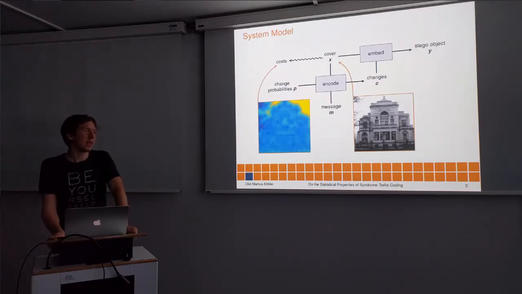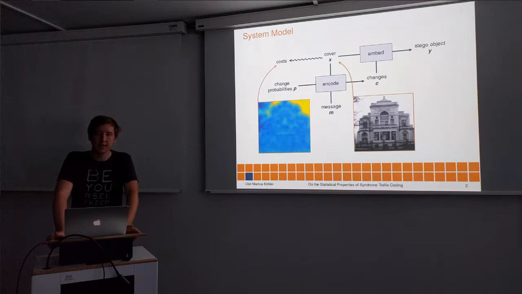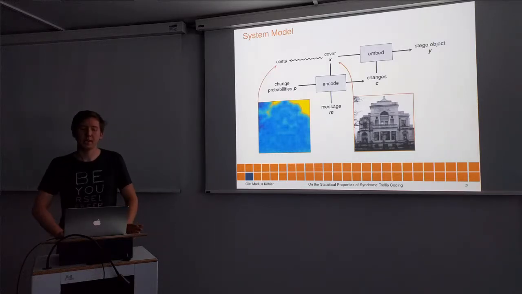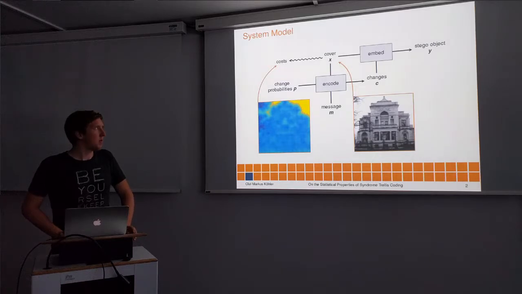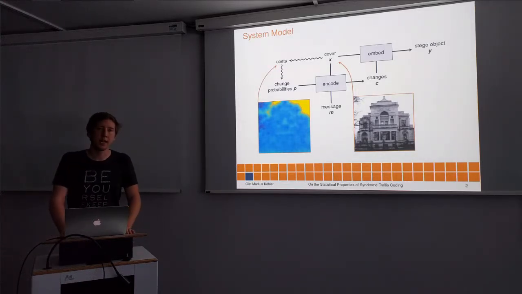Here, the bright yellow color in the upper right corner of the sky means rather high costs, and the bluish colors tell us there are low costs. From these costs we can derive the change probabilities P. These change probabilities are well defined. They don't come out of thin air, but we won't go into details on how we derive them, as time is limited in this talk.